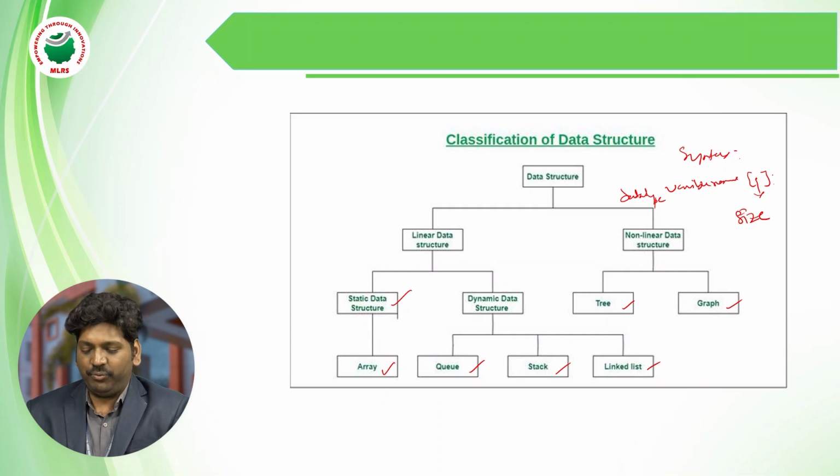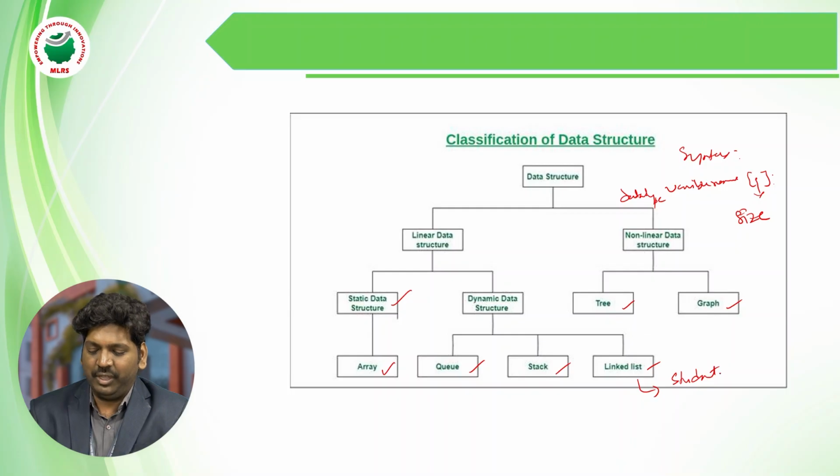Then if I talk about the linked list, this is where we can take my data in a sequential order in the form of a list. For example, I can take student data or employee data in an organization. One of the best examples is student data, where I can take my data one after another in sequential order.